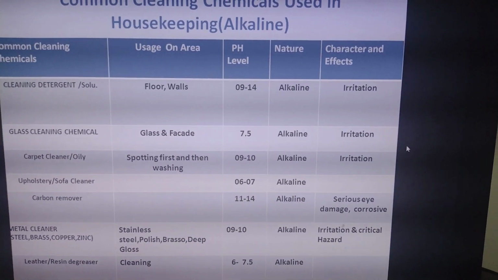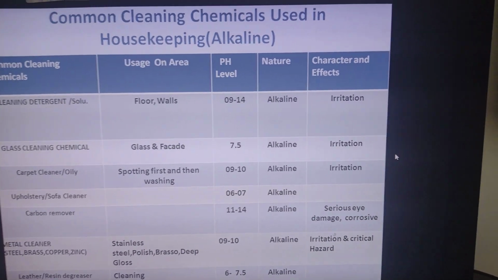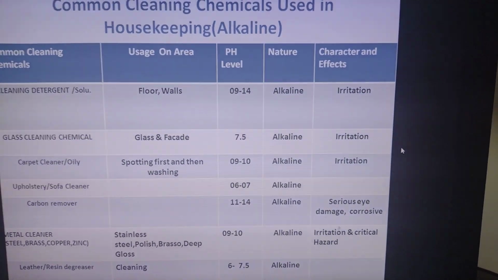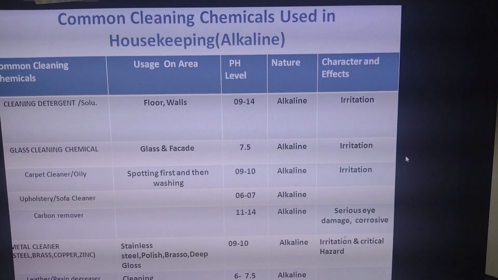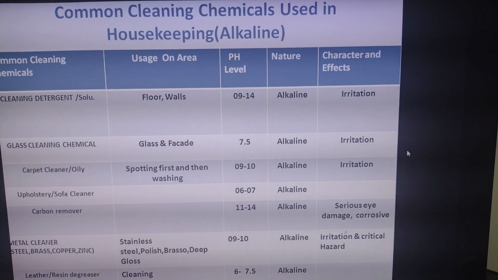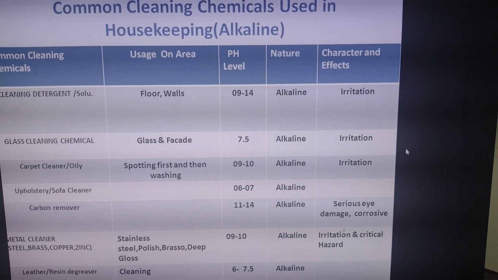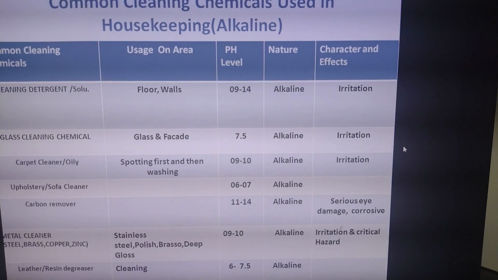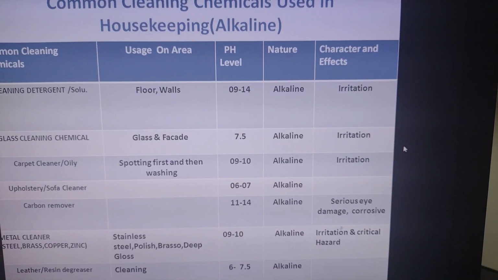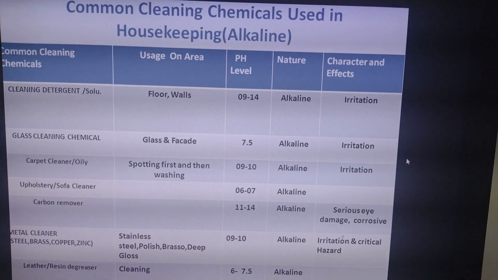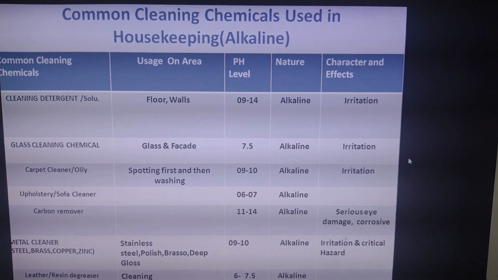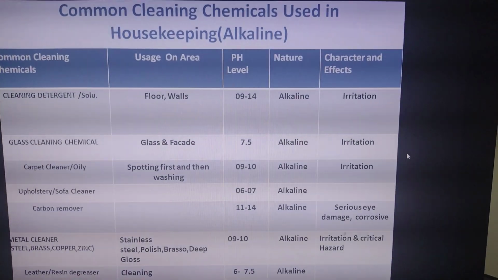So here we have discussed the characteristics and effects of all the chemicals. For using any chemicals, precaution is important. In carbon remover, you can see serious eye damage can also happen, and corrosiveness can also happen. So use the chemical carefully, and keep it away from the reach of children.